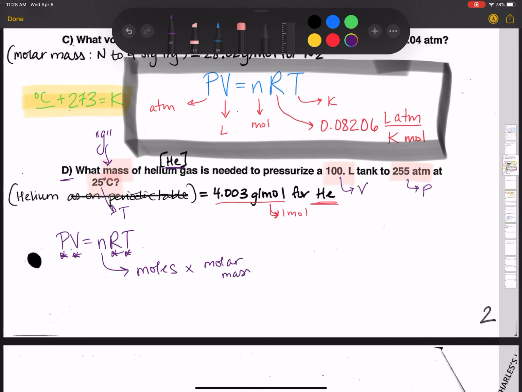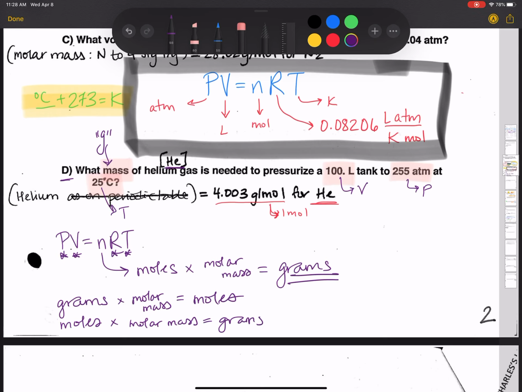So just as a reminder, whenever you start with grams, you can always multiply by molar mass to get moles. You could also do the exact opposite. If you started with moles, you can always multiply the molar mass to get grams. If you remember when we first did our introduction to stoichiometry, I would often write this for you on the board, right? G means grams, M means moles.